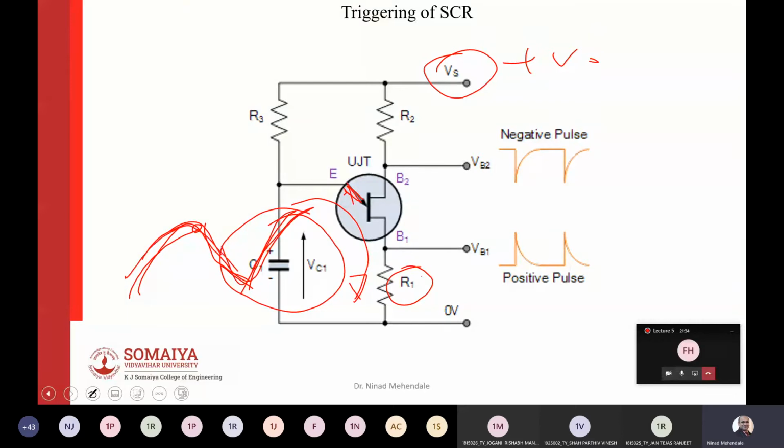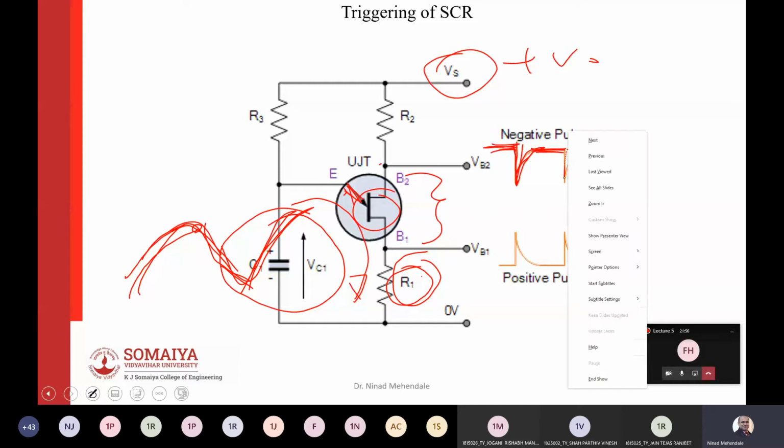And what happens to the voltage? Since the device was off, it will have a very high voltage here. Suddenly when it gets turned on, it will have a very low voltage, and slowly it will increase. Again it will reach its maximum, and as soon as the capacitor turns on the device again, the voltage drop across this will go low.